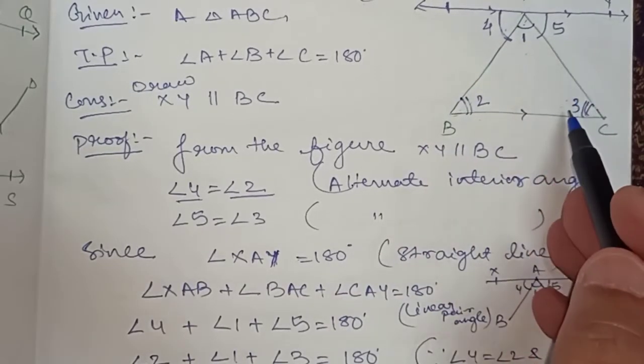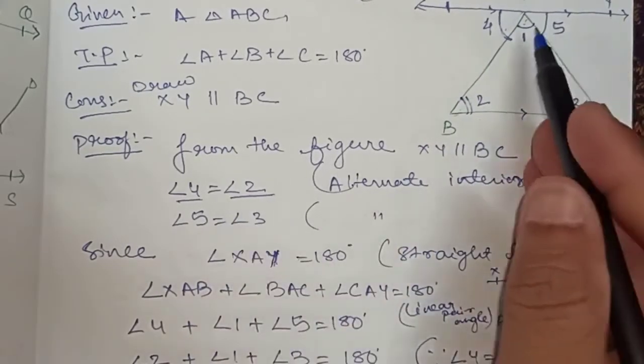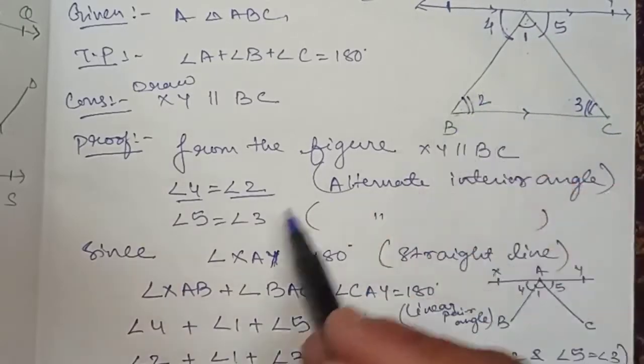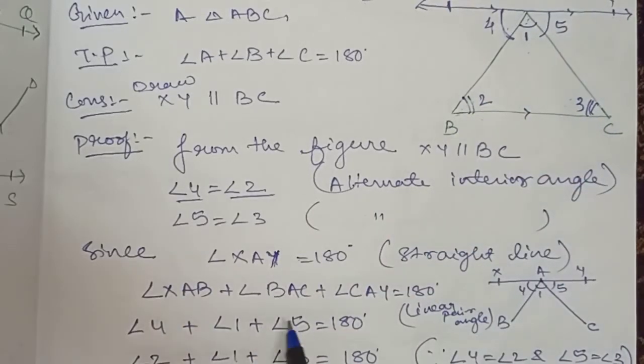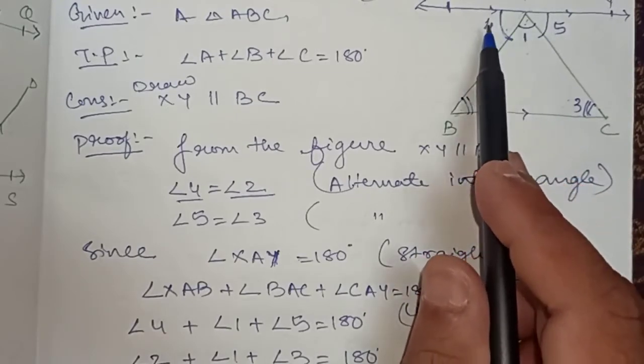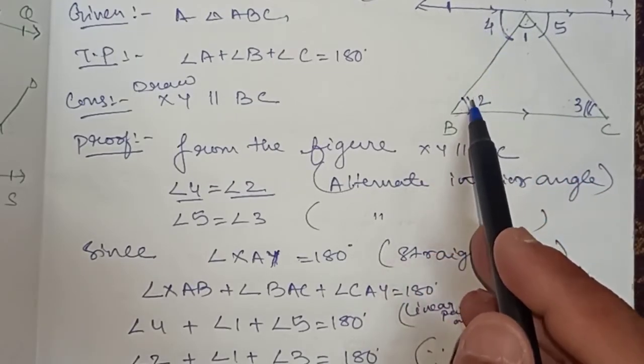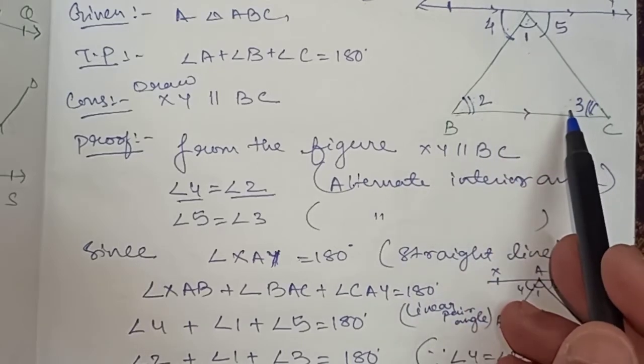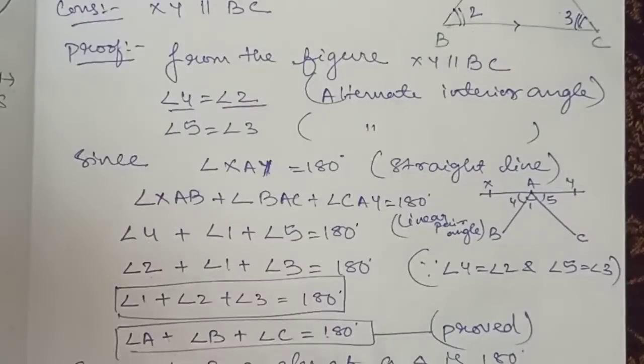Then we wrote angle 5 equals angle 3, again because of alternate interior angles. Then we wrote 4 plus 1 plus 5 is 180 degrees because it is a linear pair. Now in place of 4 how much can we write? 2. In place of 5? 3. So by adding all the 3 angles, that is A plus B plus C, we got 180 degrees. This is a theorem which you have to learn.